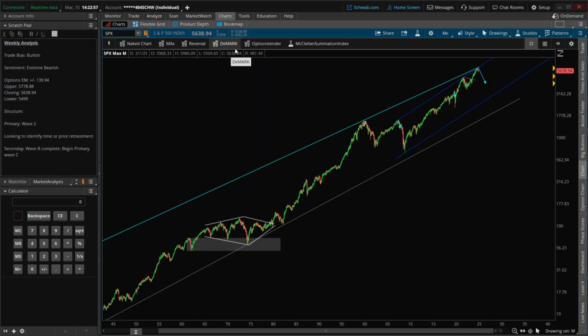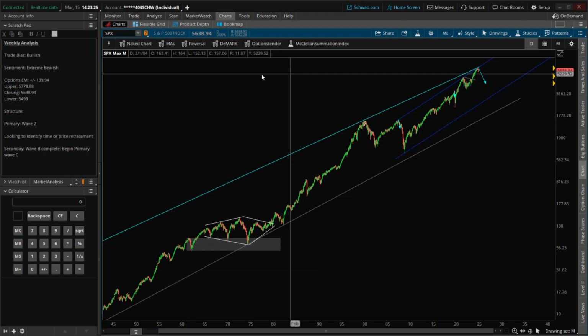We'll check out the DMARC, our typical OptionsTender setup, and then at the end on SPX, we'll use the McClellan summation index. This one will be just weekly, and then we'll look at the McClellan oscillator during the week each day, to check out these divergences and see where the market could go.